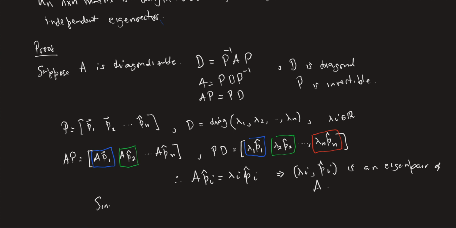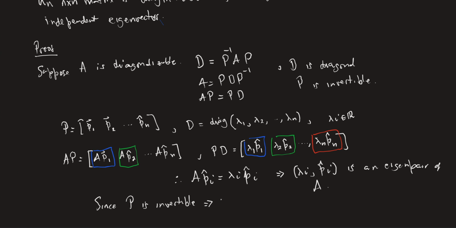Since P is invertible, remember we have all these equivalencies that relate to invertible matrices. We know that the columns of P are linearly independent.